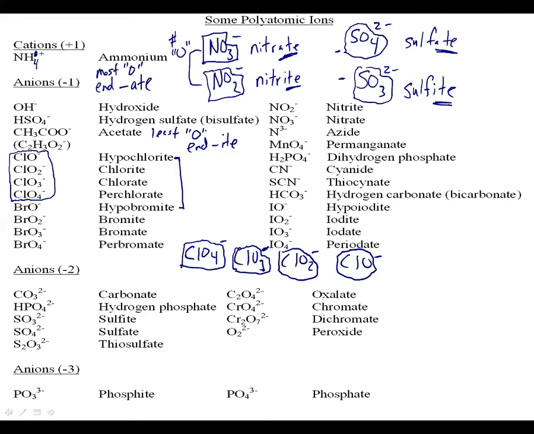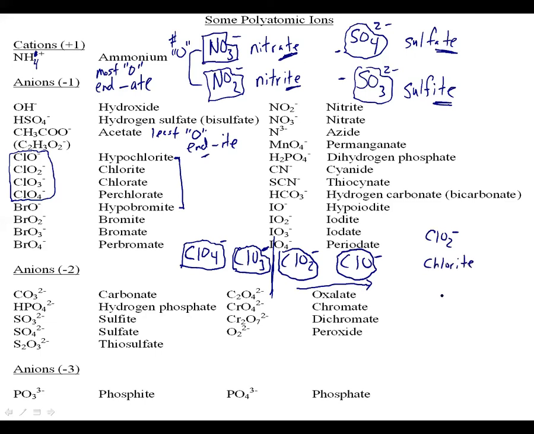We go from 4, 3, 2, and 1 oxygen. So they're all related to each other via those numbers of oxygens and the chlorine. If we break it up right about here, these are the ones that have the least number of oxygens, which, as we just saw, should end in ite. So ClO2 minus, we would call chlorite.